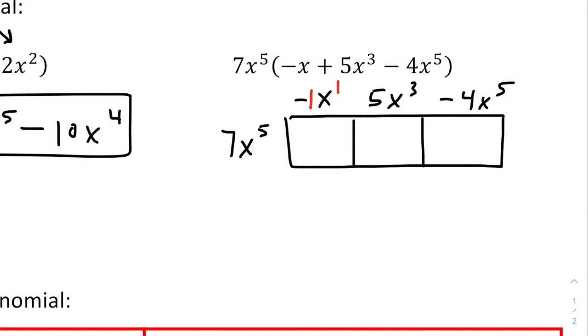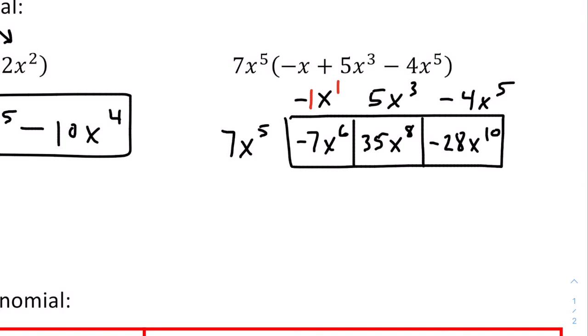All right, so this becomes negative 7x to the 6th, because 5 plus 1 is 6. Okay, the second one, 35x to the 8th. 5 plus 3 is 8. Okay, and the last one, negative 28x, and 5 plus 5 is 10. So we're going to have to the 10th.